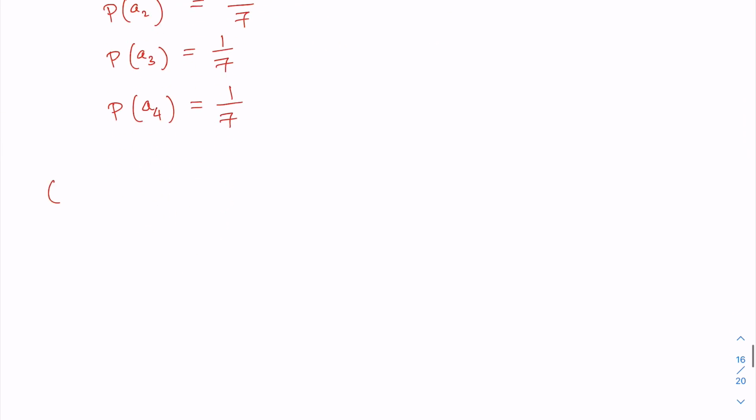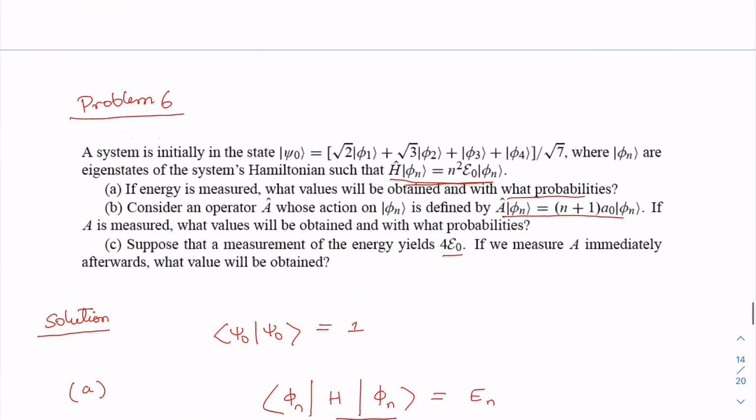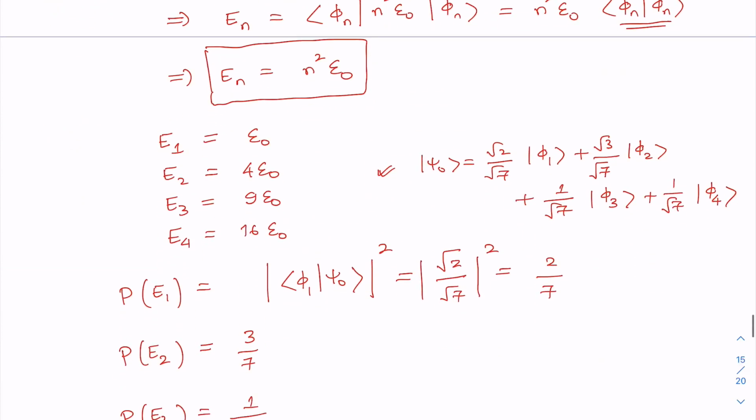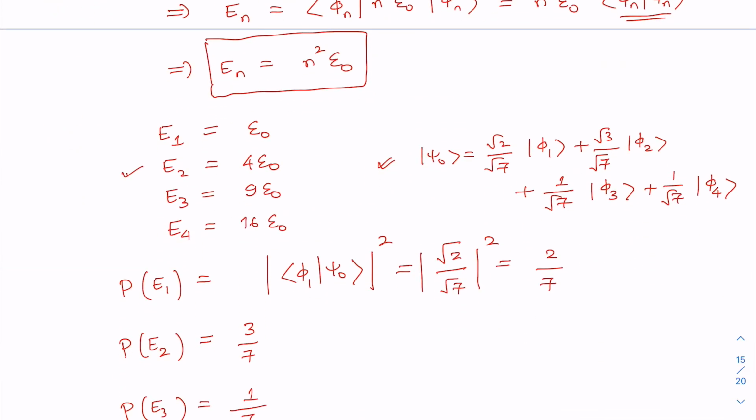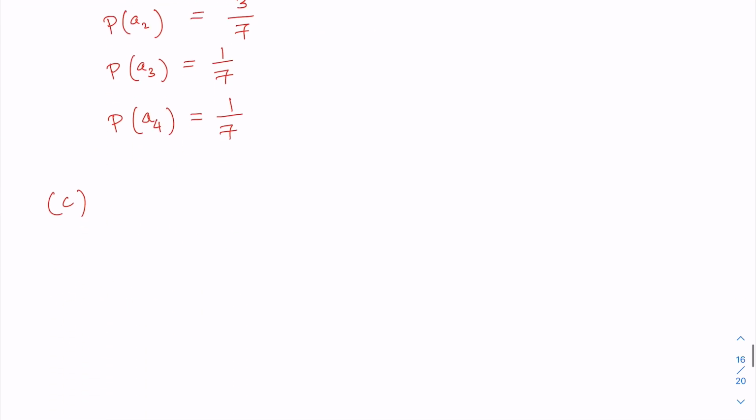Now let me do the final part of the problem. Here, suppose that a measurement of energy yields 4E0. If we measure A immediately afterwards, what value will be obtained? If you get the energy 4E0, that corresponds to the system being in the state phi 2.